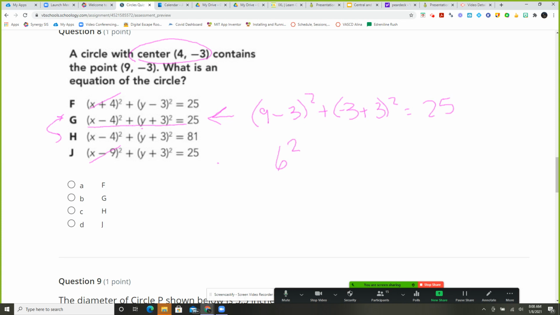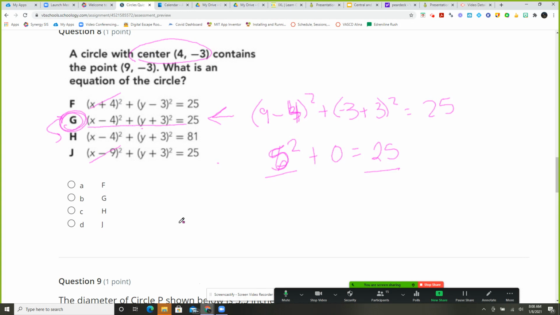So 6 squared plus (-3 plus 3), which should be 0, equals 25. Oh, because I put a 3, not a 4. That's a 5. So 5 squared equals 25. And I know that's my right answer.